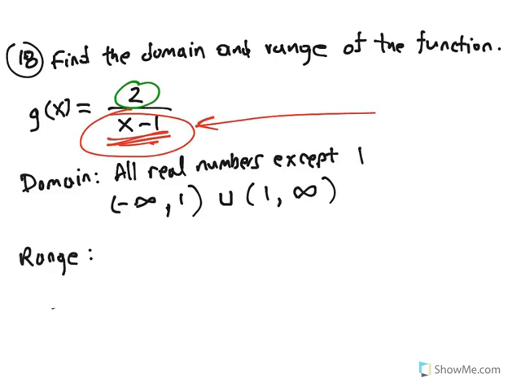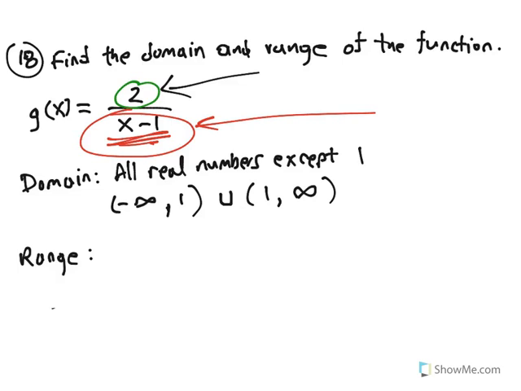So the output values can be both positive and negative, but the one output value we cannot have is 0, because the only way we can have a fraction that's equal to 0 is if the numerator is 0. The numerator is always 2. So we can't have 0, but we can have all other possible output values except for 0. And in fact, the output values can be extremely large.